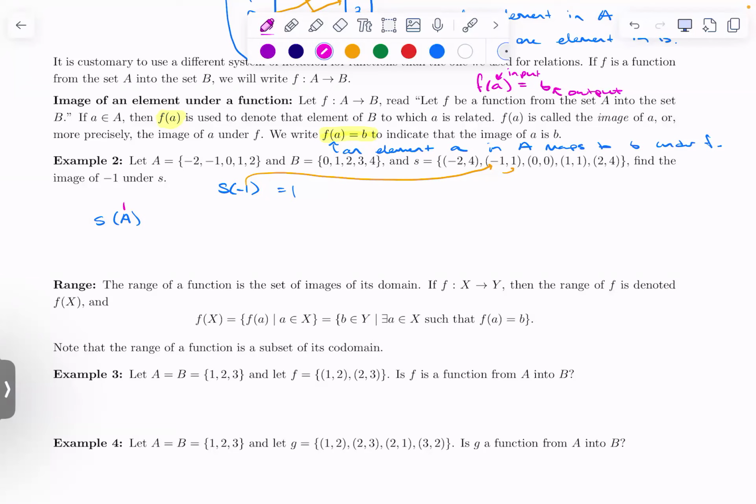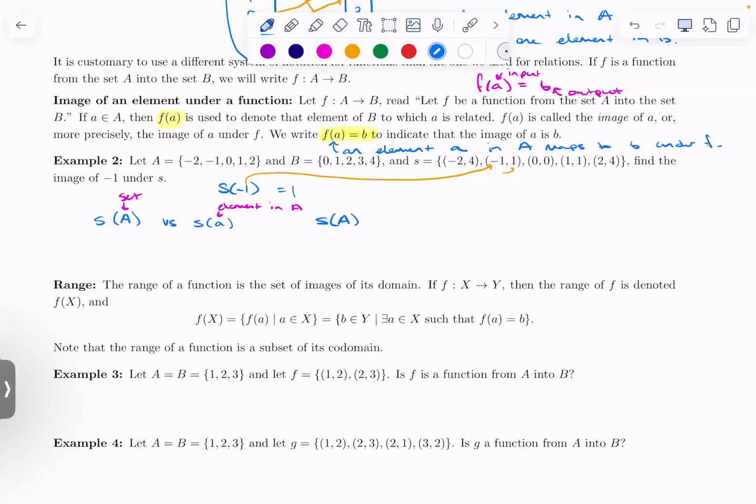And so capital A is the set, versus S of a, where a is an element in A.